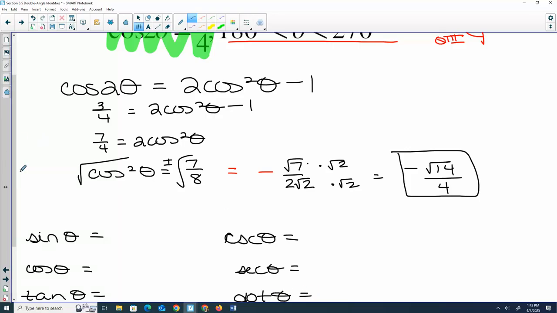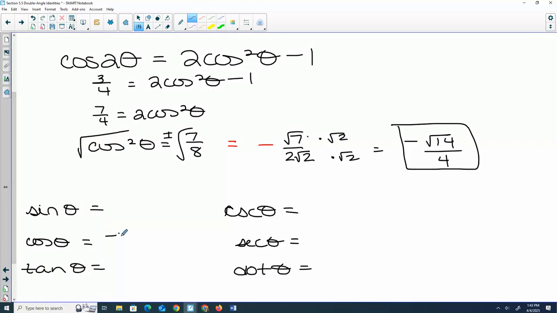If you have cosine, what else can you easily get? Secant is just the reciprocal. So that would be negative 4 radical 14 over 14, which reduces to negative 2 radical 14 over 7.